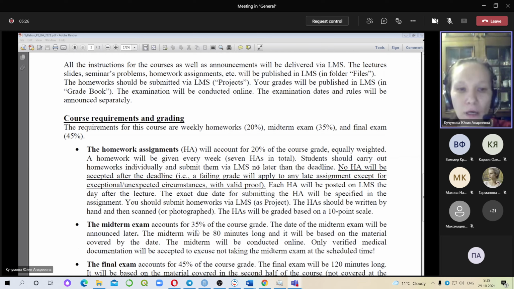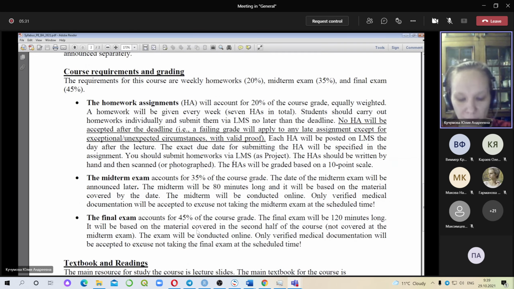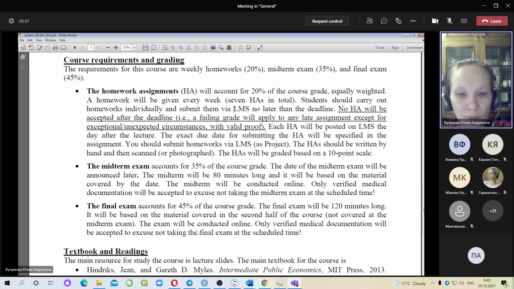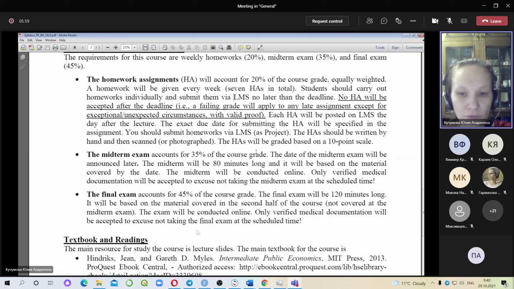Then we will have a midterm exam. So this will be at the middle of the course and will cover the half of the course. And I didn't mention that the homework assignment would weigh 20%, then midterm will weigh 35%, and there will be a final exam in the course which is 45%.